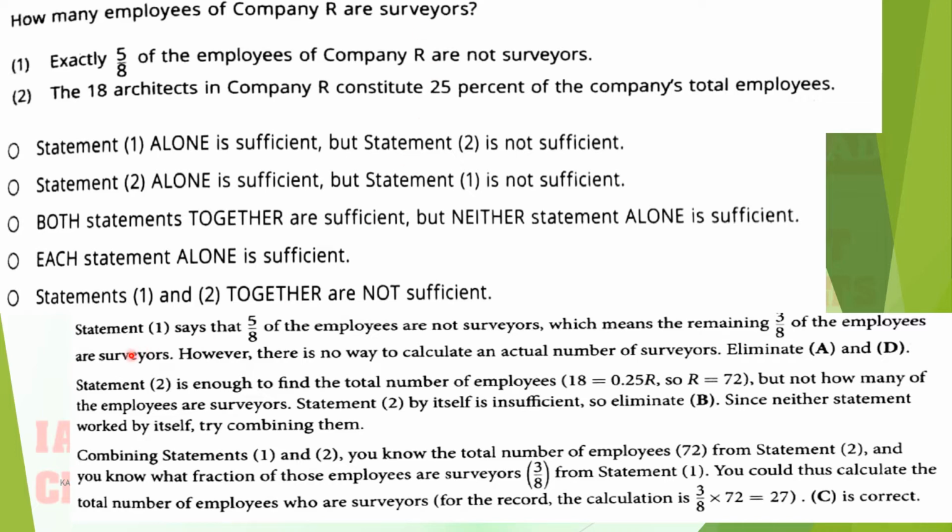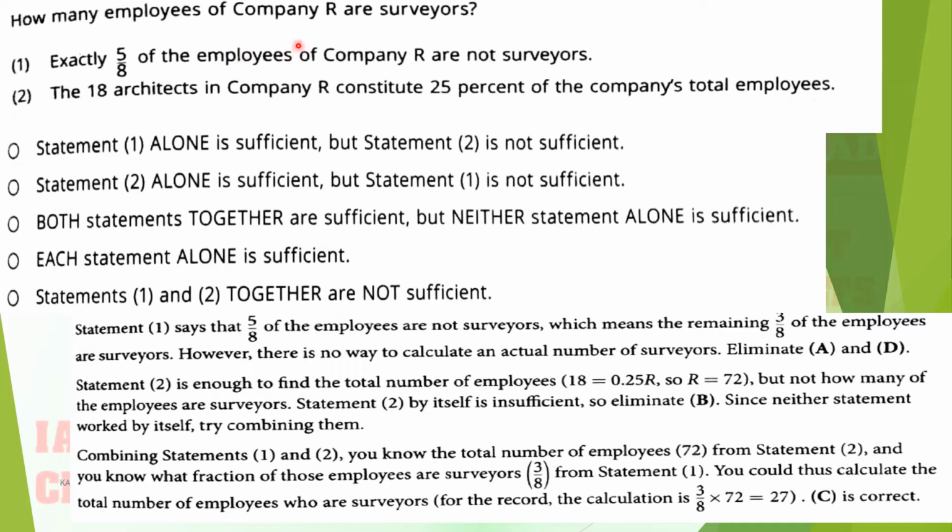Statement 1 says that 5 by 8 of the employees are not surveyors. That means the remaining is 1 minus 5 by 8, which is 3 by 8 of the employees, are surveyors. But the question asks how many employees.